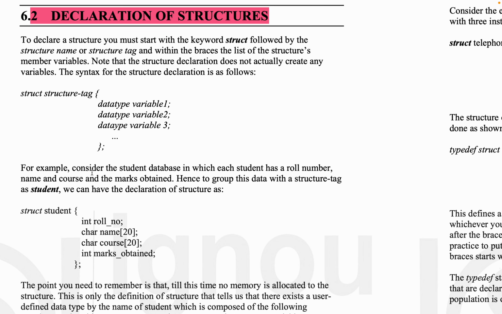For example, consider a student database in which each student has a roll number, name, course and the marks obtained. Hence, to group this data with a structure tag as student, we declare the structure as: struct keyword, then the structure tag name student, int roll number, char name 20, char course 20, int marks obtained. Declared.